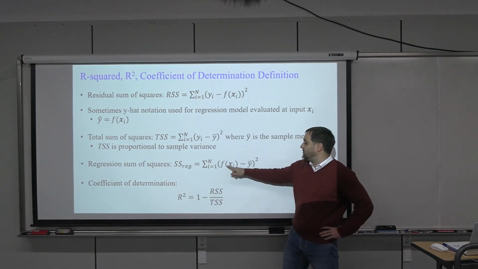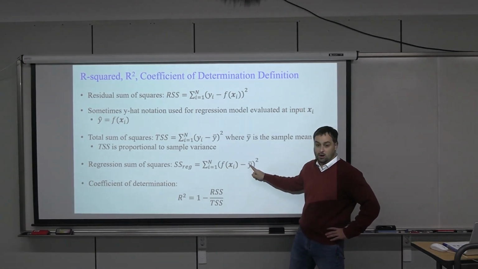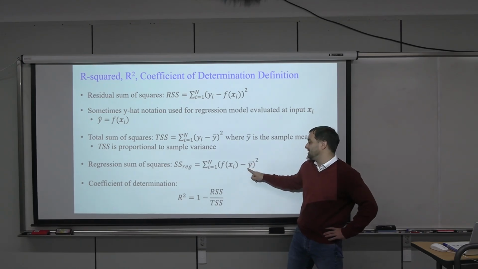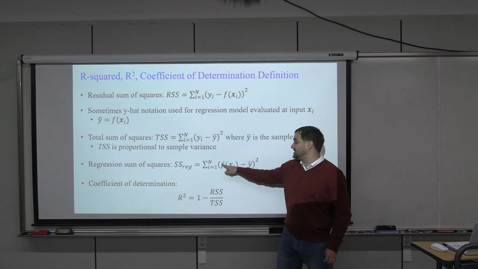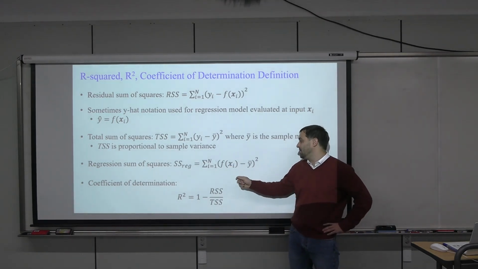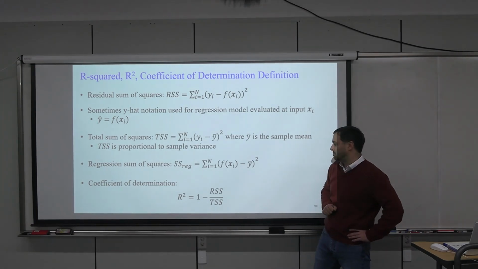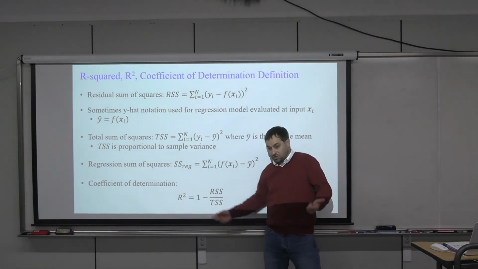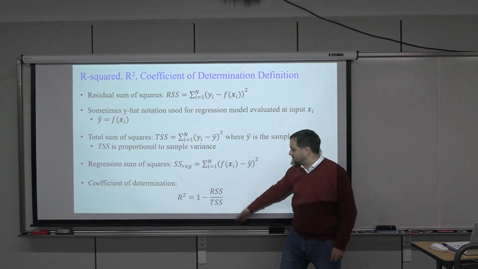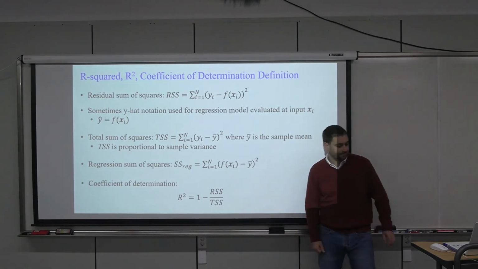This is the summation of the model prediction y hat minus y bar, where y bar is the mean of the sample output data, and y hat is the regression function evaluated at the input of each data point. And so the coefficient of determination, which we usually call R squared, equals 1 minus the residual sum of squares divided by the total sum of squares.